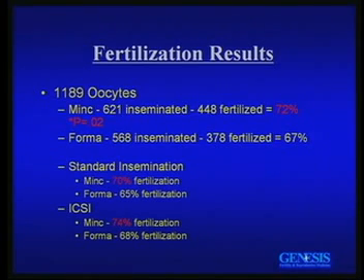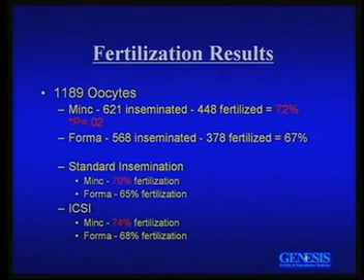There were a total of 1,189 oocytes inseminated, 621 in the MINC. Fertilization rate was 72% overall. In the Formas, 568 were inseminated with a fertilization rate of 67%, and there is a significant difference there. I broke that out into whether they were standard inseminations or ICSI inseminations. The fertilization rate in the MINC for standard inseminations was 70%, and in the Formas was 65%.